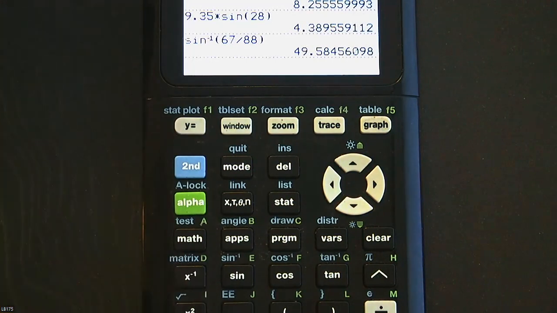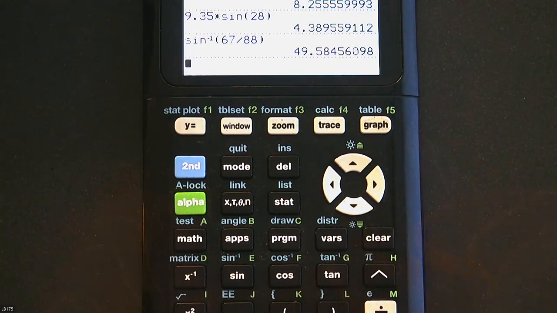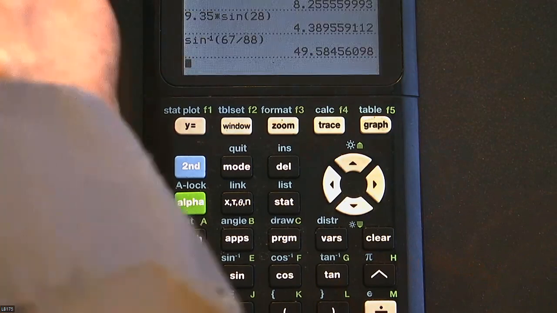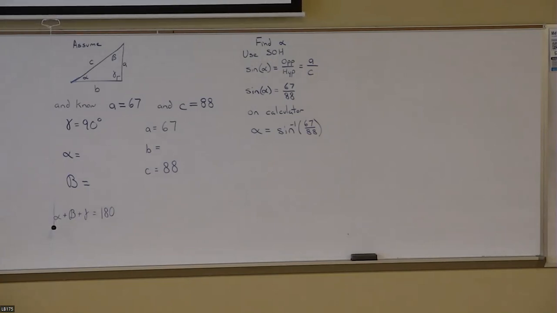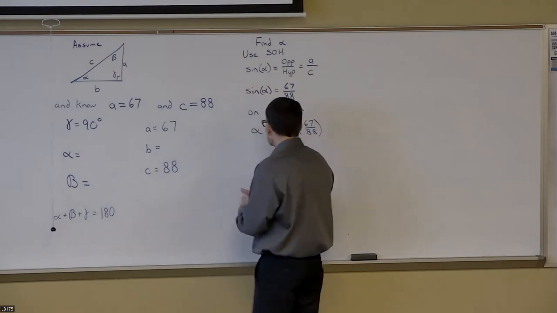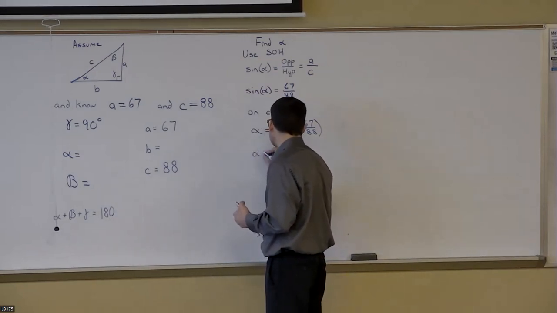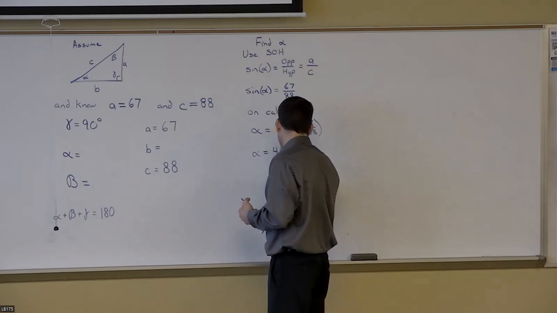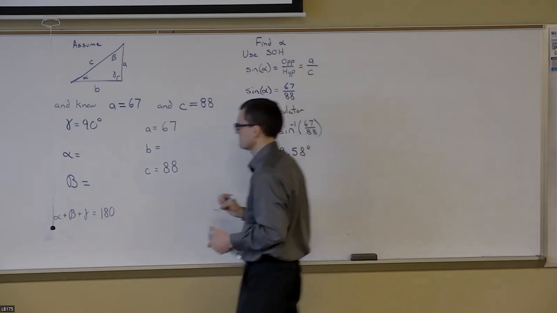But for right now, we have an inverse sine, an inverse cosine, inverse tangent when we need them for triangles. So the alpha is 49.58 degrees.